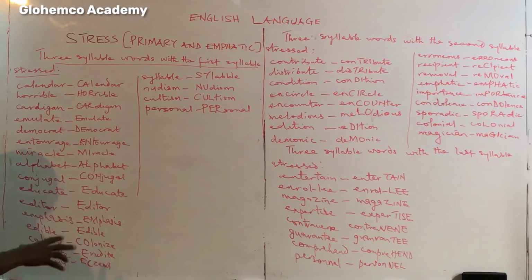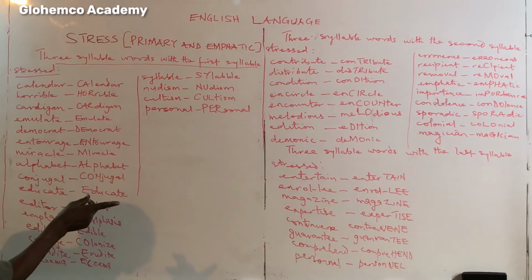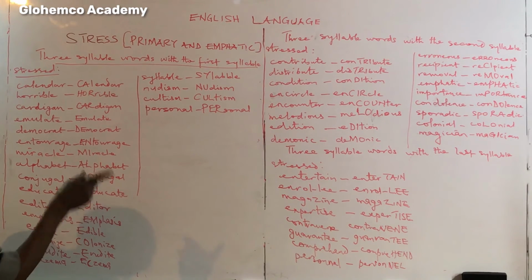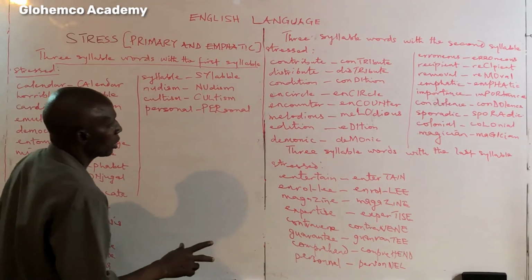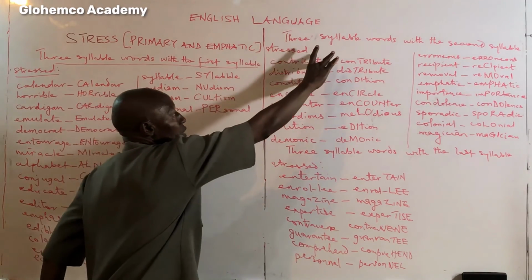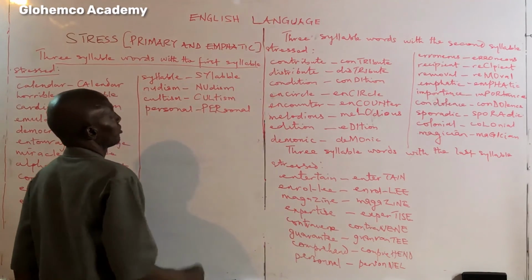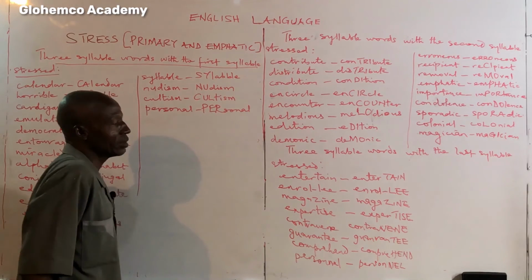Now, like I said earlier, how do they ask questions on this? They will give you 4 words. Here you may be given this, and this. This is the way it's being done. You can be given 3 here, and given 1 here.